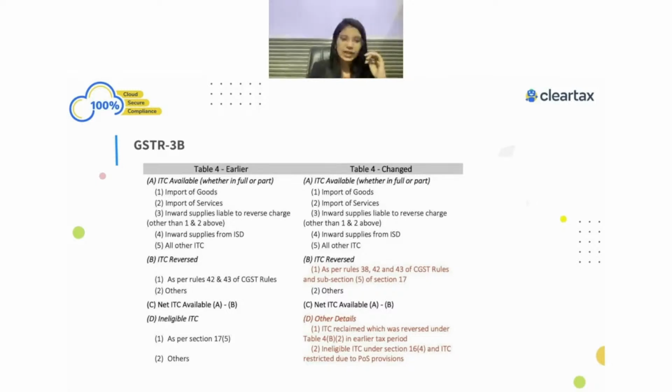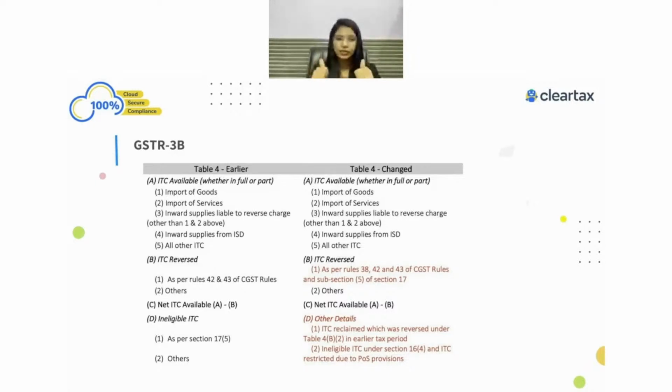You had claimed it and you have also reversed it. In that particular case, that 17.5 part will form part of table number 7. But if you have never claimed it, never reversed it, and have directly reported under 4D1, in that case that particular ITC which is related to your blocked credit will never form part of your table number 7.